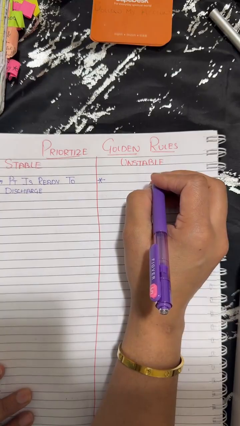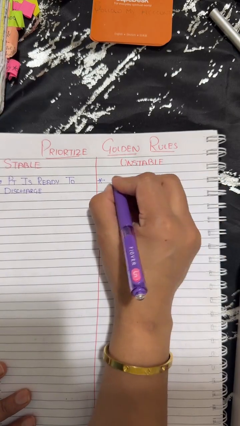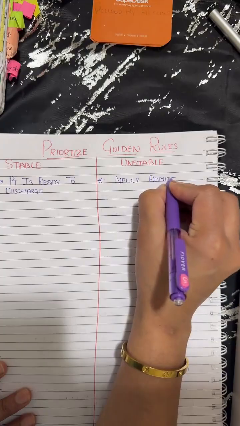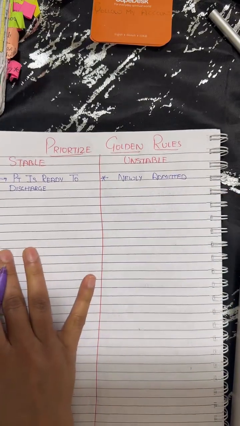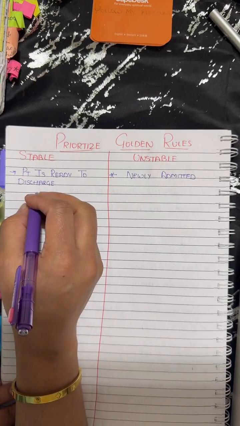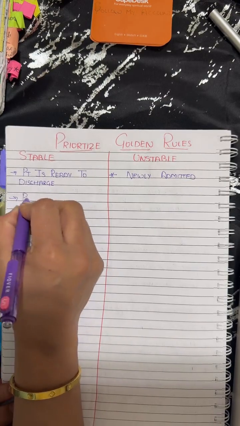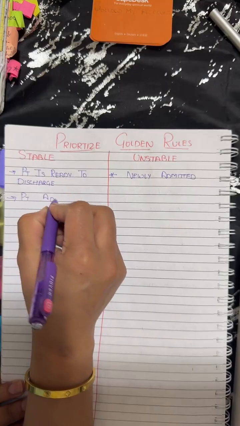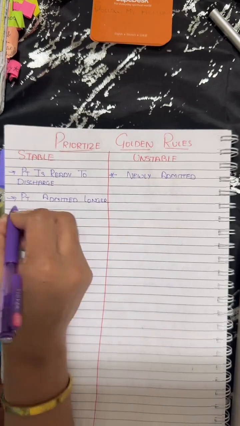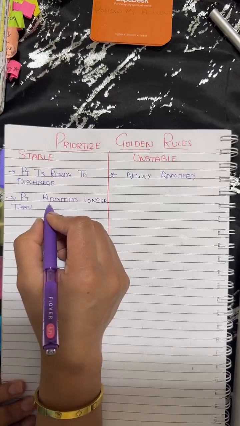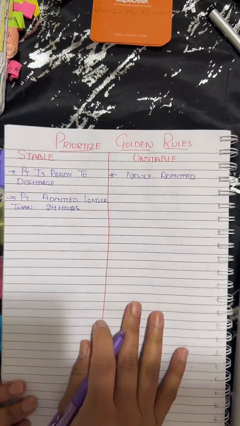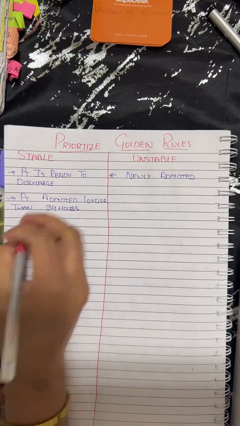So unstable patient, newly admitted, or patient admitted longer than 24 hours. Okay, so expected.